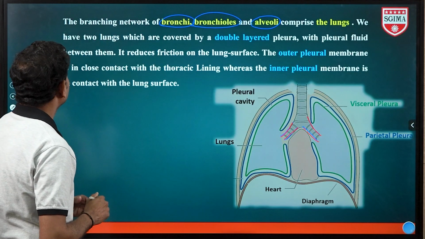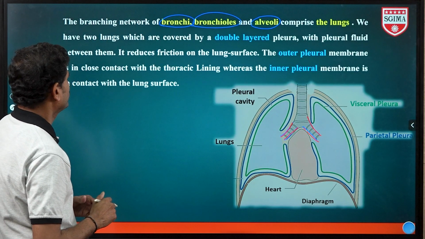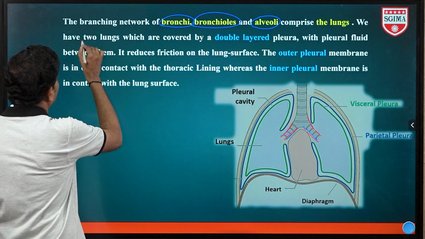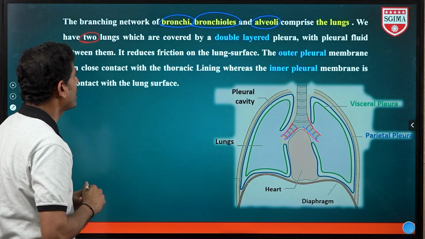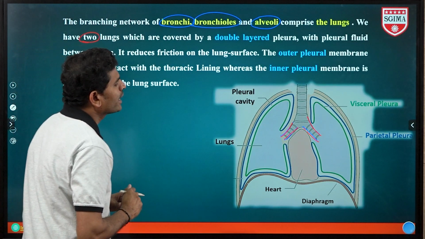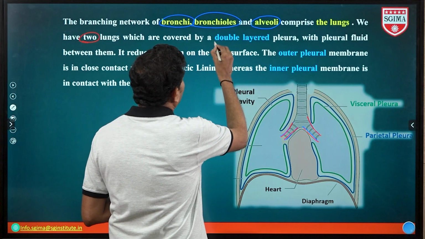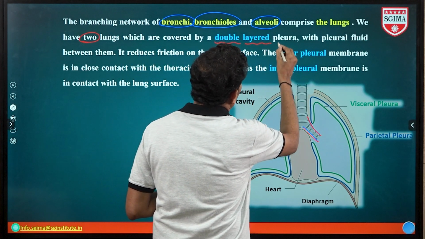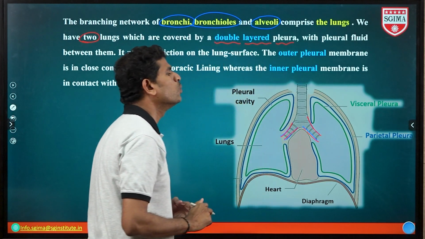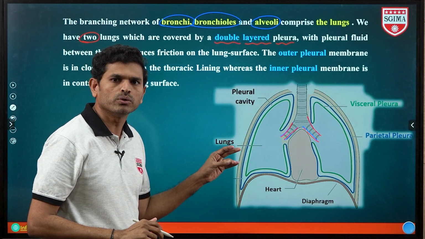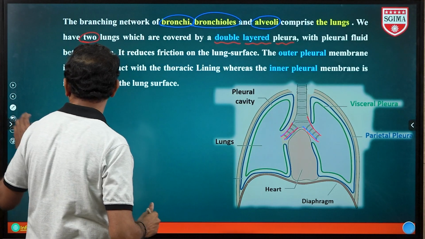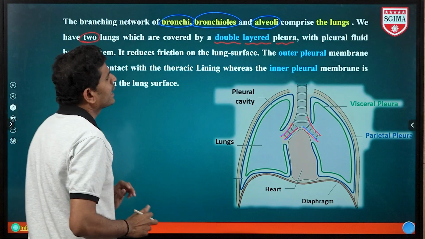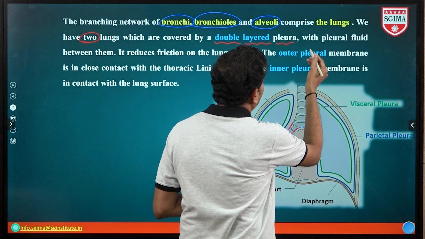And the next point: we have two lungs. Everyone knows we have one pair of lungs, and they are covered by a membrane, a double-layered pleura. Pleura and pneumo, these words indicate the lungs only.